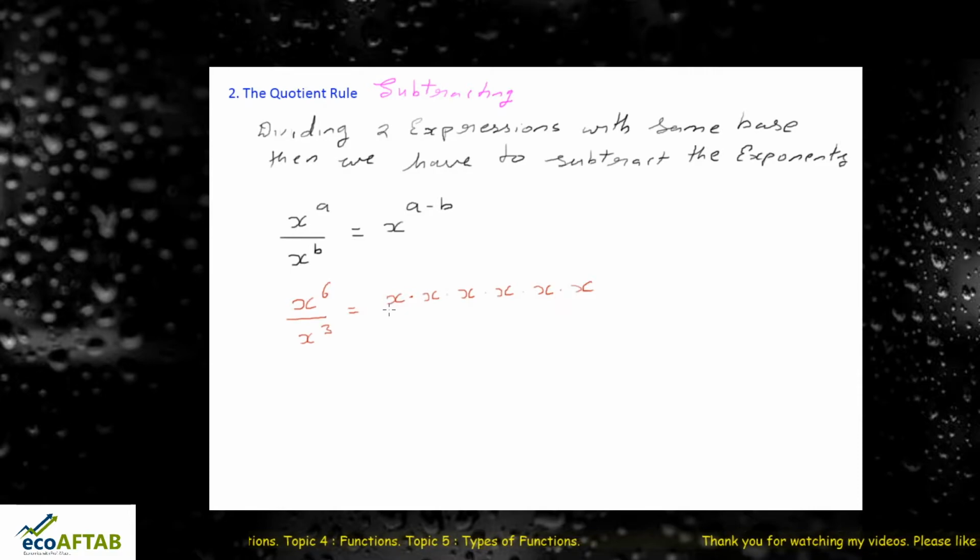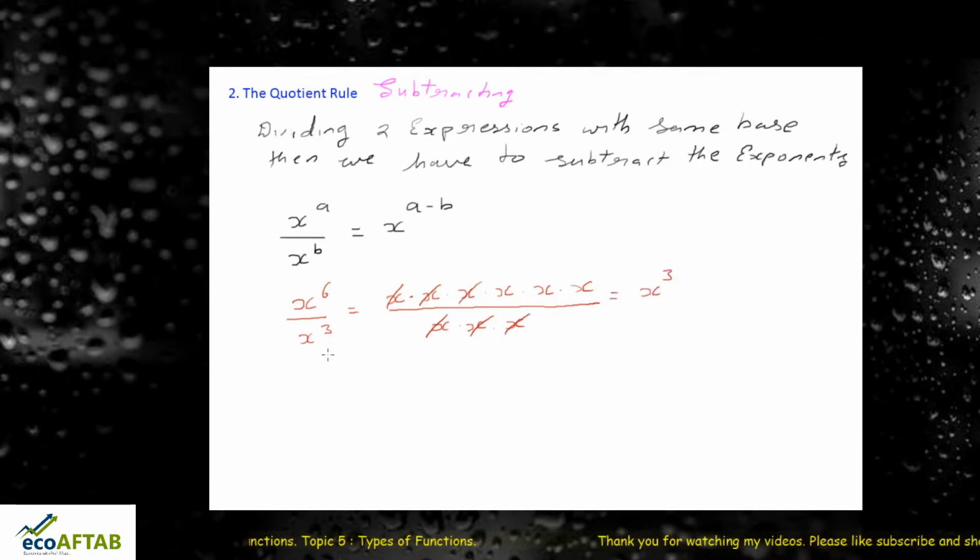And in the denominator x into x into x. So here this x and this x, this x and this x, this x and this x get cancelled. So what remains is x raised to the power 3.